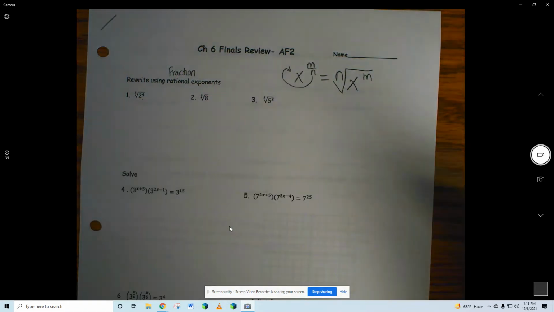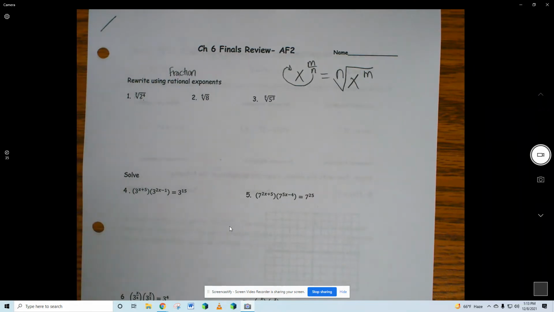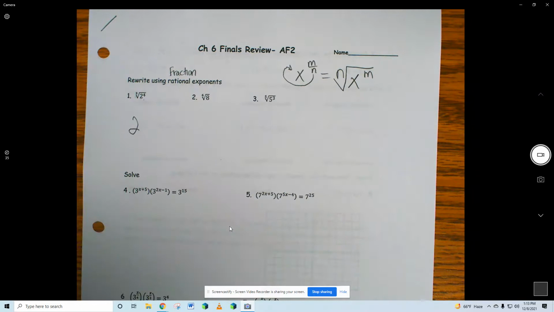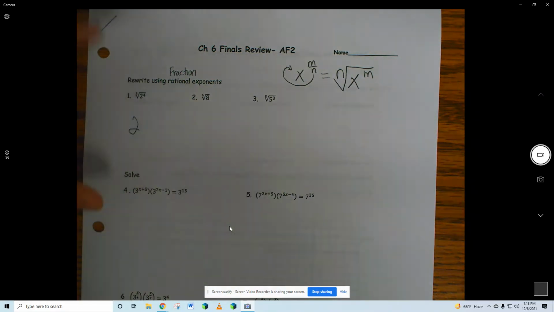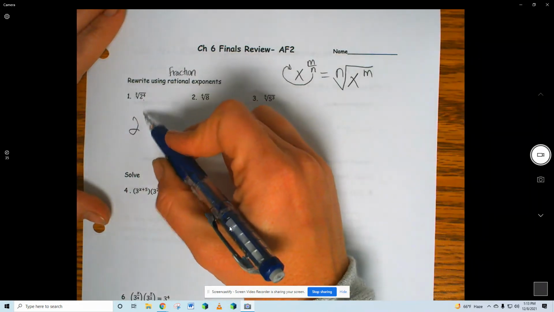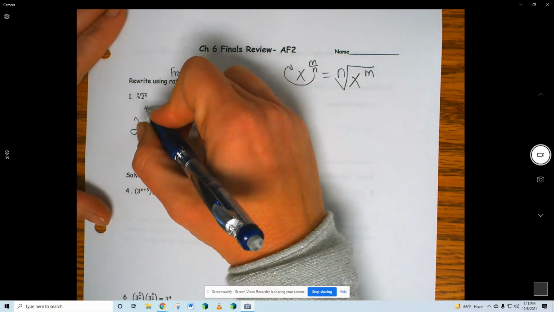So on number 1, where would the 4 go and where would the 3 go? Because I want a 2 with a fraction exponent. So where's the 4? What's the fraction that's going to go with my 2? 4 over 3. Good job.